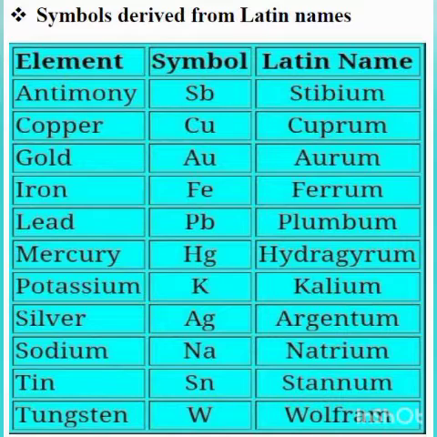Out of two letters, one is the first letter and the other can be any other letter of the name of the element. It is not necessary that the second letter of the symbol will be the second letter of the name of the element. It can be any letter.